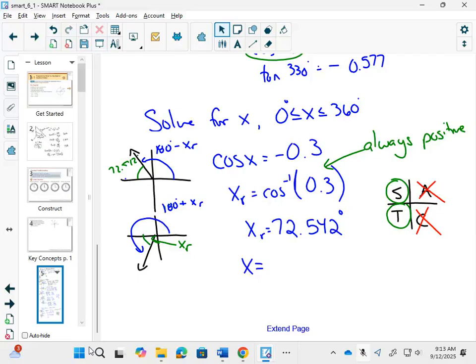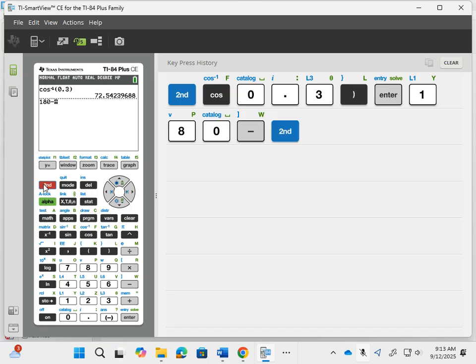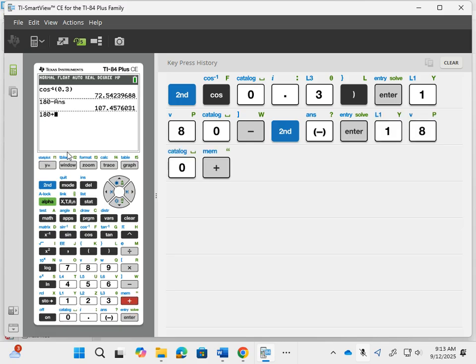Some nice things about your calculator. One, I have a 180, I can hit subtract, and there's an answer button right above the negative here. So if you have this calculator, I can do 180 minus my answer. That gives me one of my answers. And the other one is 180 plus, oh, but now I can't use the answer, but I can highlight this and push enter, instead of retyping it.